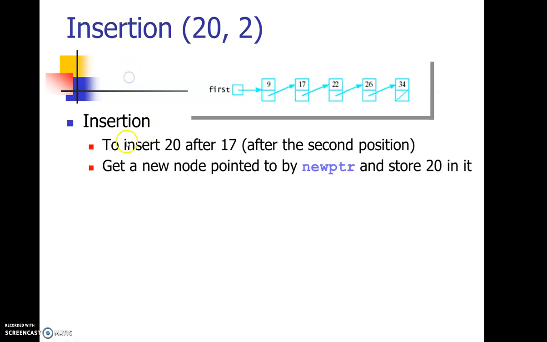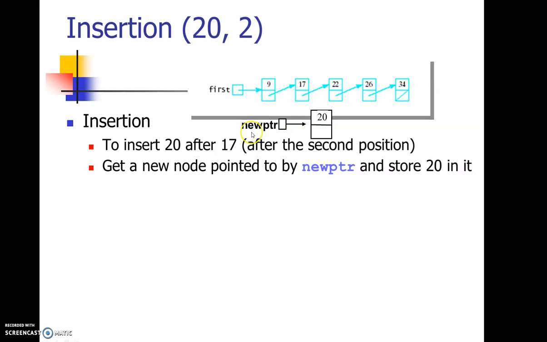To do this, first of all, we need to get a new space. So the operating system will reserve a new space for us, and then we need to remember its address. So we need to create a pointer variable to store the address of this new item.